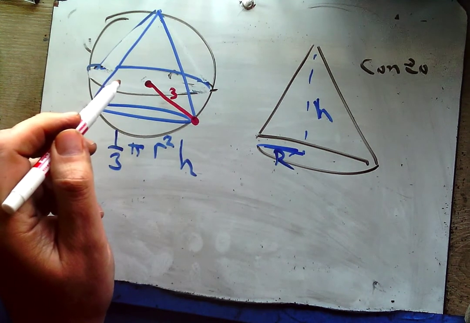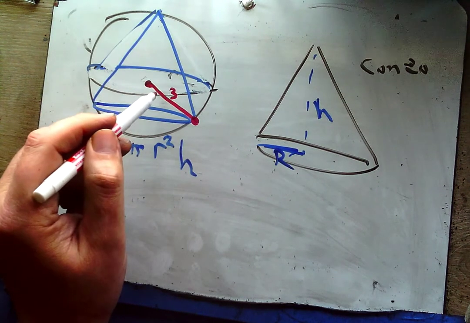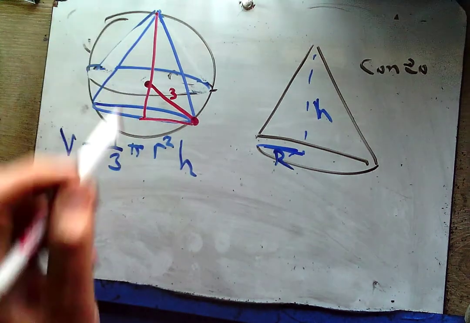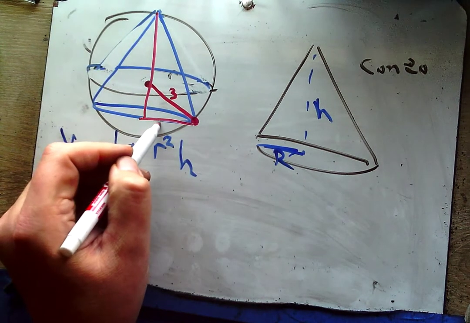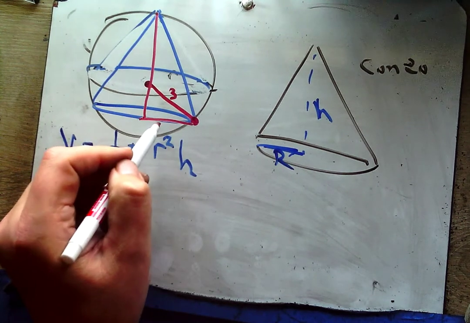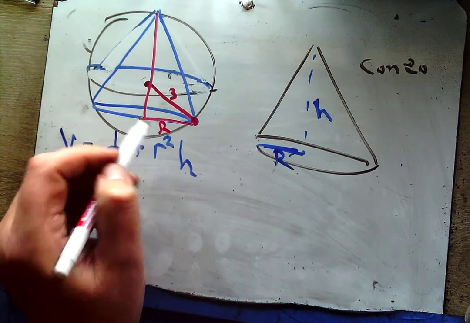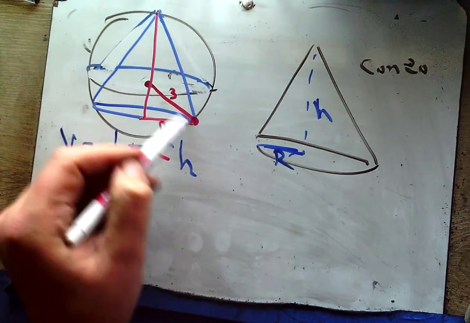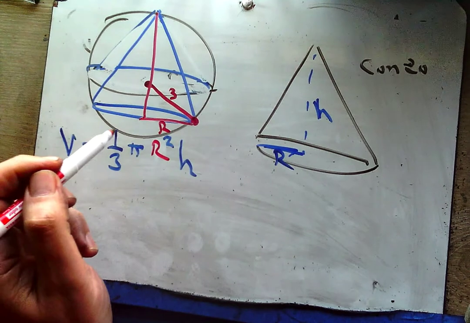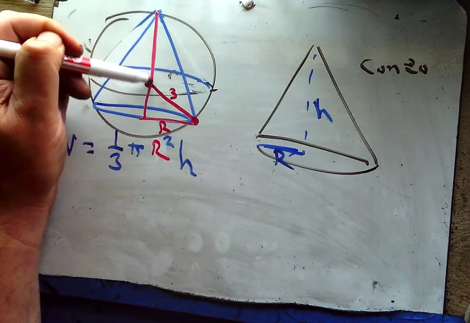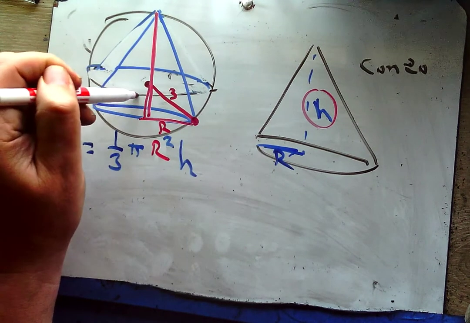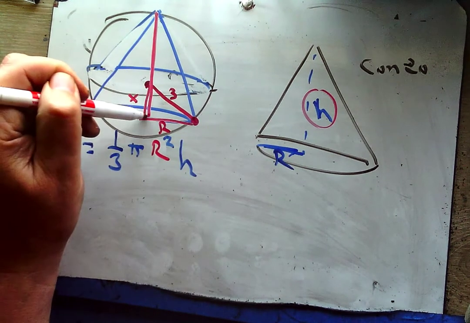Yeah, that's my radius. And then this and this. So again, this radius, the radius of the cone, is not the same as the radius of the sphere. The radius of the sphere is fixed at 3. I do know that the height of Conio, this h, is made up of this little part from here to here.